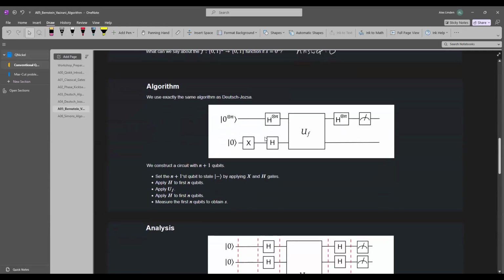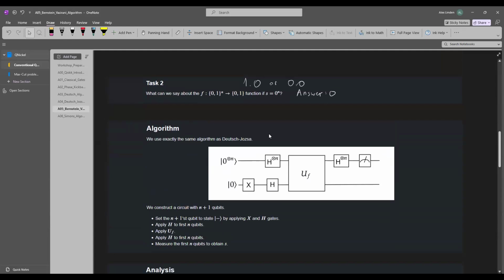Okay, now we're given the algorithm. Again, you can see the similarities probably. So we have n plus 1 qubits. Here we have n. I will change the color. And here we have just 1. First, we're setting the state of this to minus.